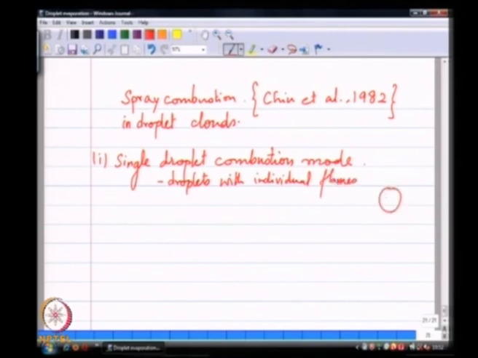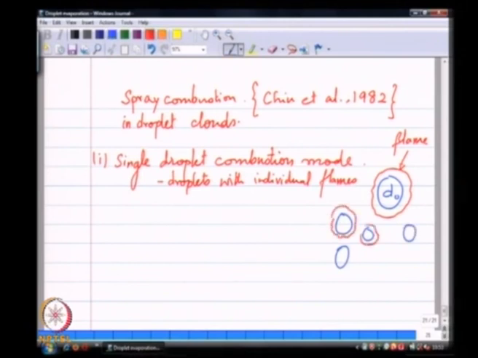So, for example, I have a droplet and this droplet has a flame around it, and multiple droplets each has a flame around it. This is possible if the droplets are separated by a distance.